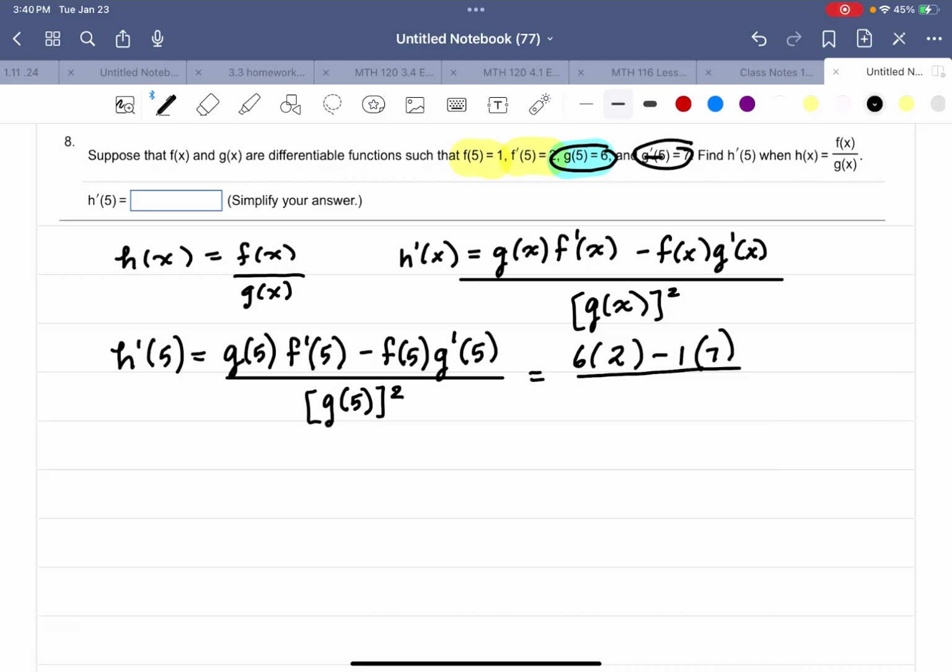So that's going to be 6 squared. So it's 12 minus 7 divided by 36. So the answer is 5 over 36.